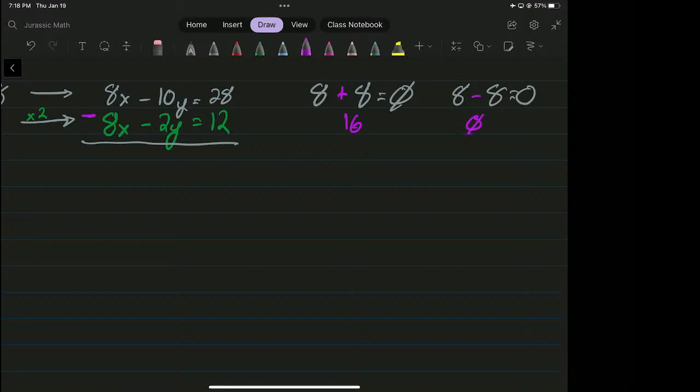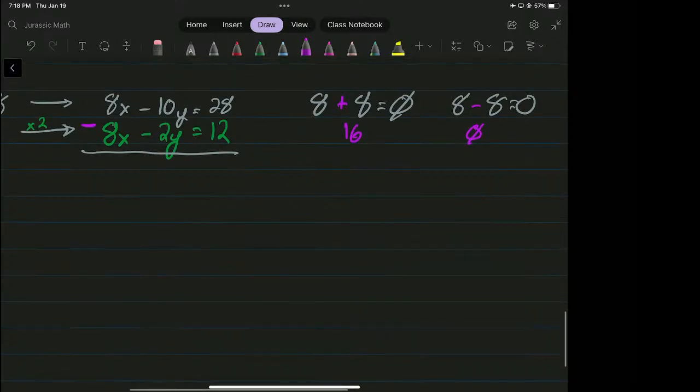Now I'm just going to subtract downwards. So 8 minus 8 is nothing. It's gone. Now I come into my first problem. Negative 10 minus a negative 2. We don't like subtracting, so we're going to do our keep, change, flip. So now we have negative 10 plus a positive 2. Same signs add, different signs subtract. So since these are different, we're going to subtract. 10 minus 2 is 8.